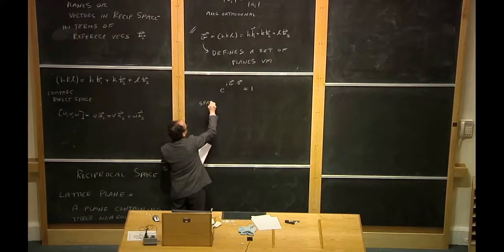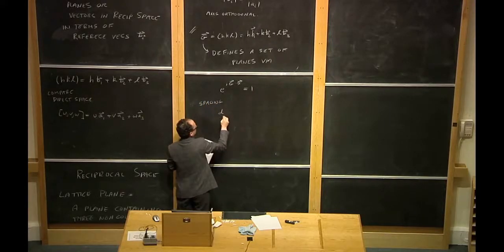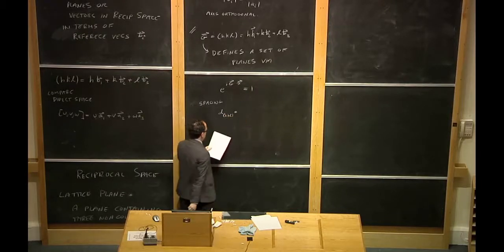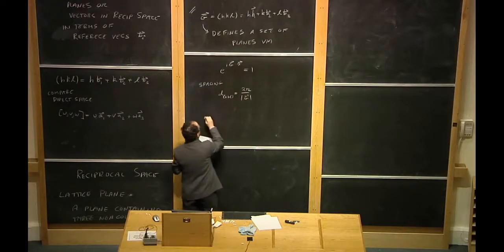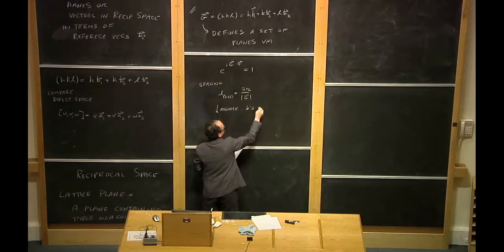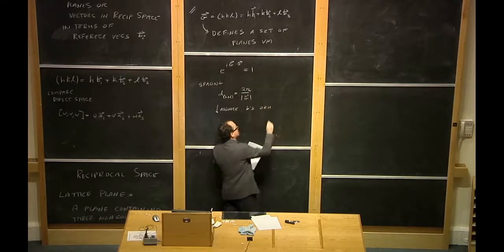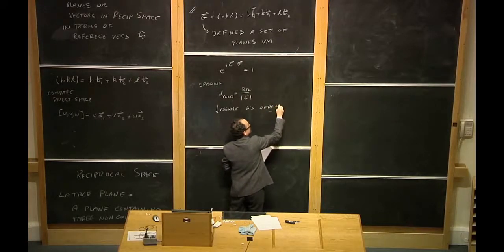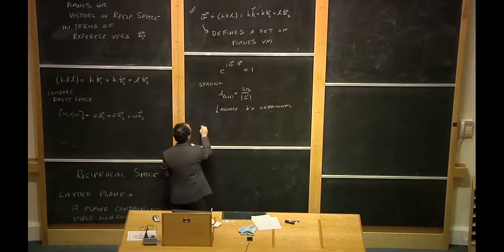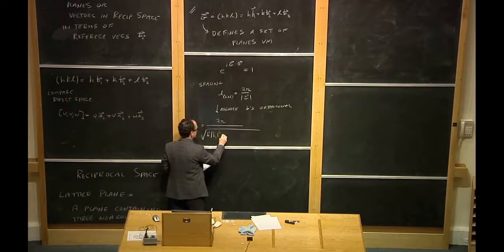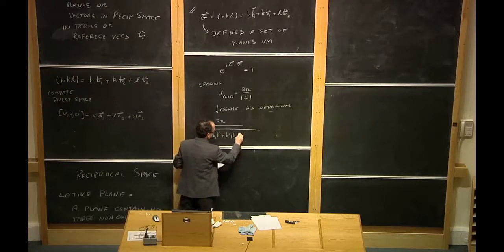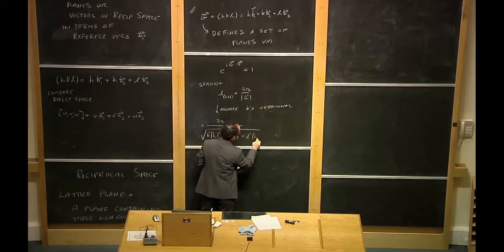And the spacing of these planes is d_HKL equals 2 pi over the absolute value of G. Assuming orthogonal axes, A's and B's orthogonal, we can write that as 2 pi over the square root of h squared absolute b1 squared plus k squared absolute b2 squared plus l squared absolute b3 squared.